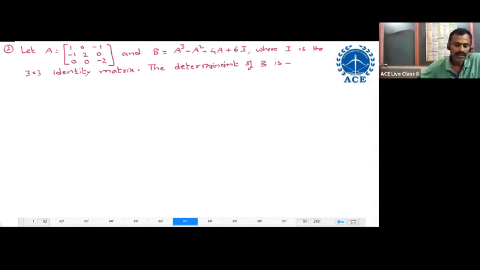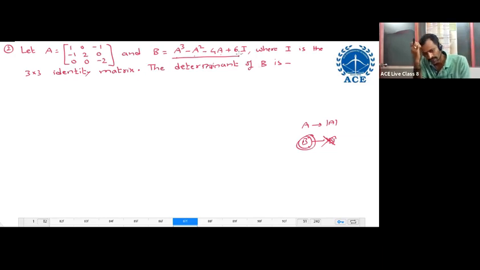A is a 3 by 3 matrix with elements, and we are asked to find the determinant of B. If we know the elements of B, we can find the determinant of B, but the elements of this matrix are not given. Instead, B is given in terms of A only. One method is to substitute I, A, A square, A cube, so that we get the elements of B, and after that we can find the determinant.